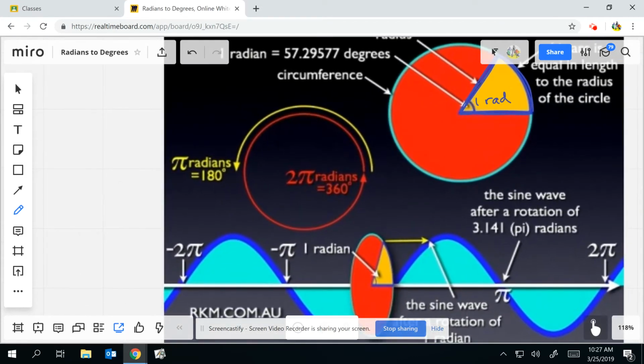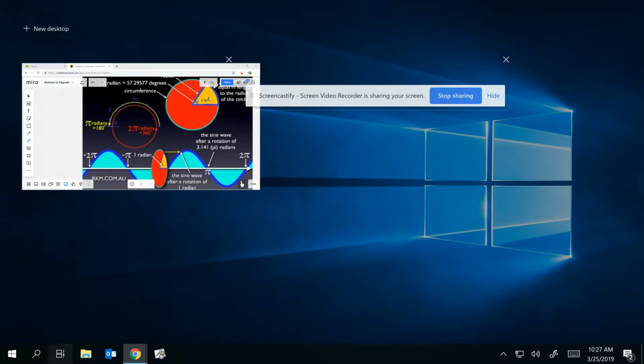If I start right here and go around half of the circle, 1 radian would be about to here, a second radian about to here, a third radian about to here. So this is radian number 1, that's radian number 2, that's radian number 3. This halfway point is now another 0.14. Because what does pi actually equal as a decimal?